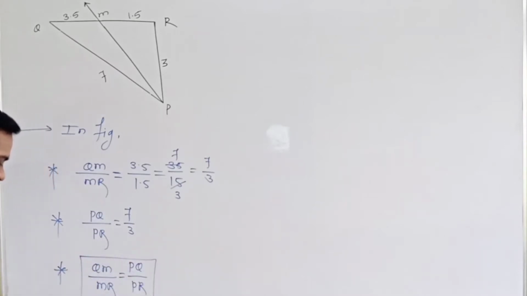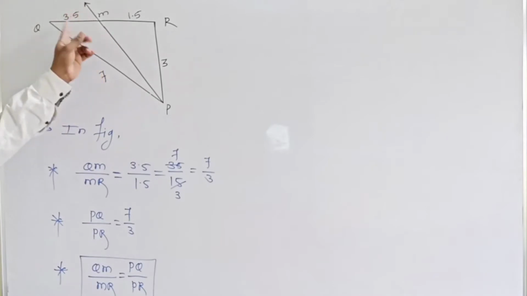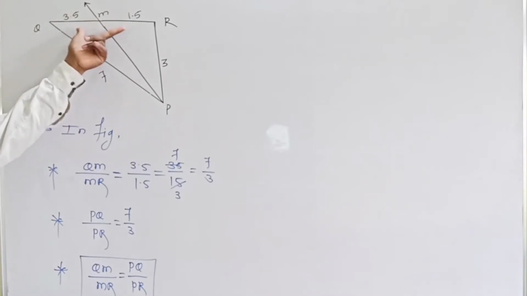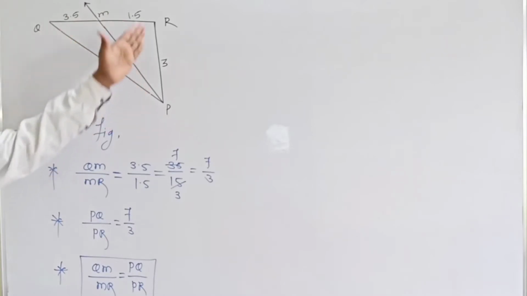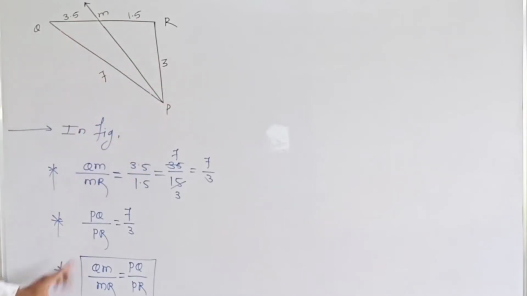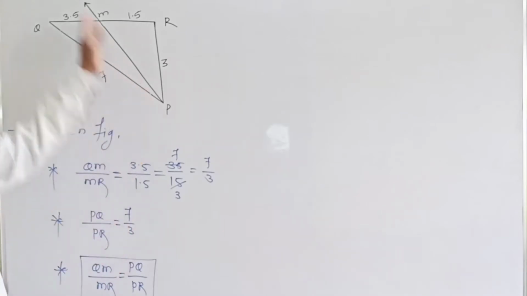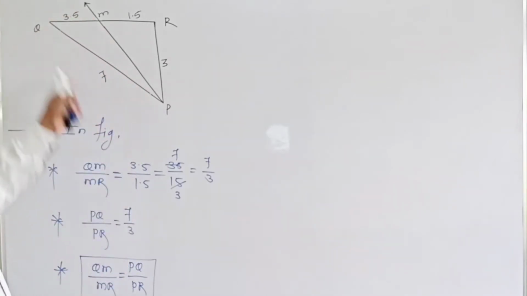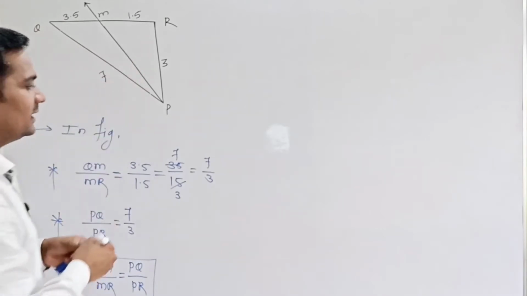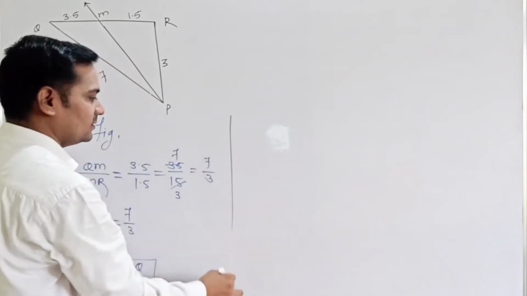Now both ratios are equal, and the converse of the angle bisector property is that if any ray divides the side, look at these two segments, if the ratio of these two segments is equal to the ratio of the remaining two sides, then this PM will be the bisector of angle QPR.